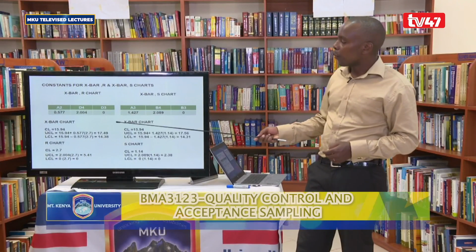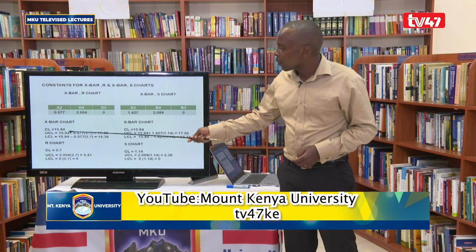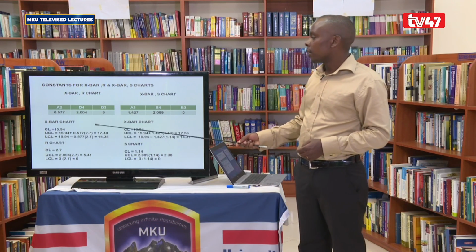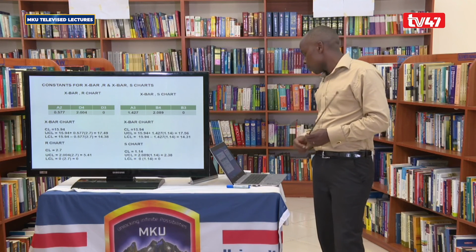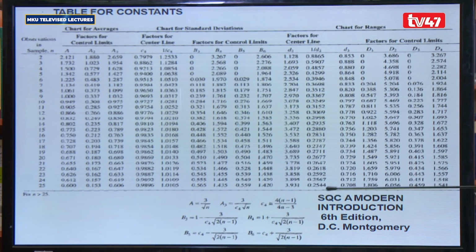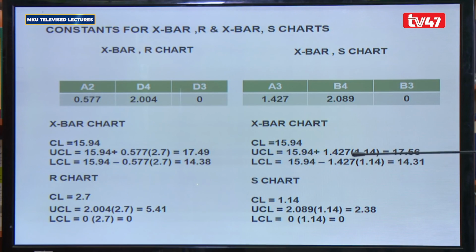The lower control limit is given by the mean and the standard deviation of the statistic used.